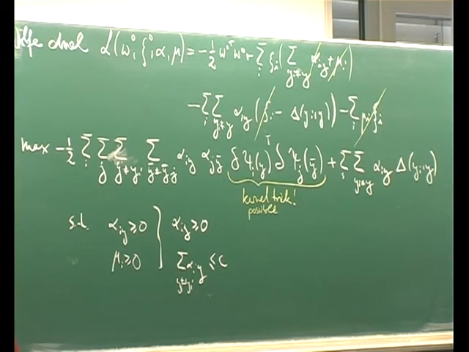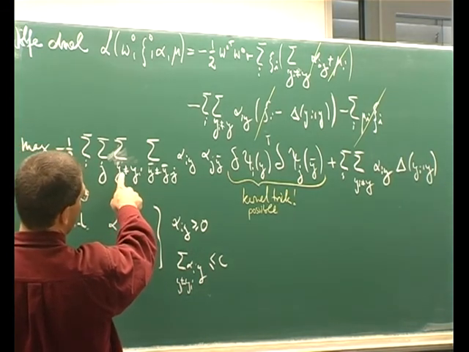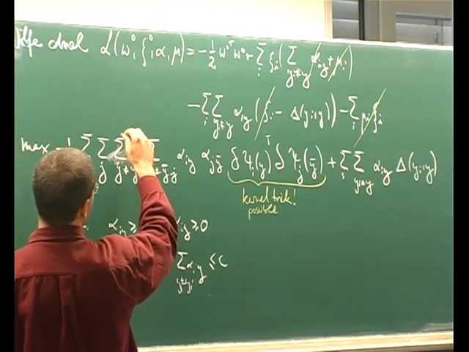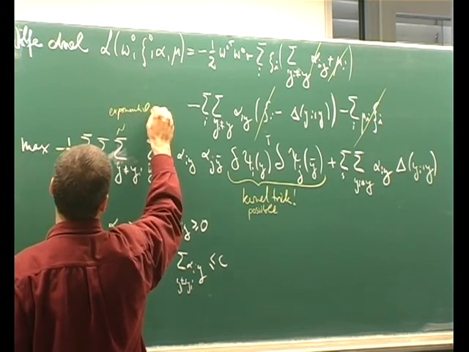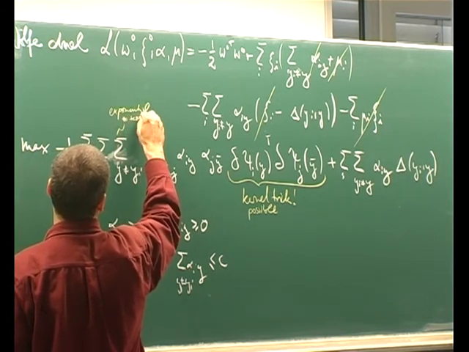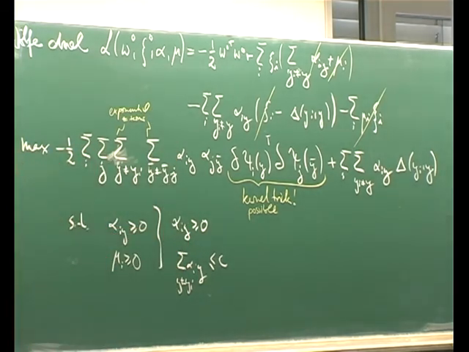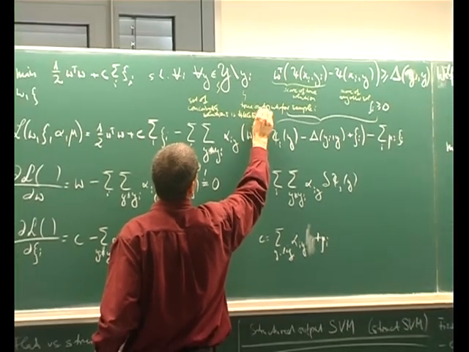Now the only problem is that this summation here, so we sum over all possible solutions except the right one. This can be an exponential number of terms. And the same holds for that one here. So this comes from the huge number of constraints. So this set of all conceivable solutions is huge.